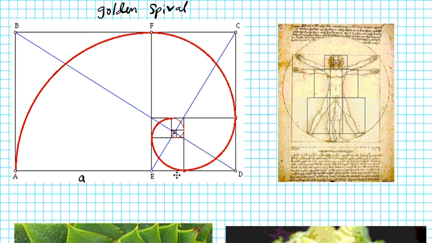This is A and this is B, and this is A and this is A. And we have the ratio A plus B over A, the whole thing over the longer one equals the longer one over the shorter one. Okay, and then that same pattern continues here, and you keep going. If you keep repeating that pattern into itself, and then you connect the dots, you have an amazing geometric figure known as the golden spiral.